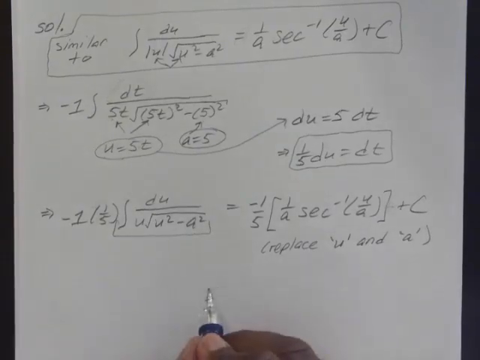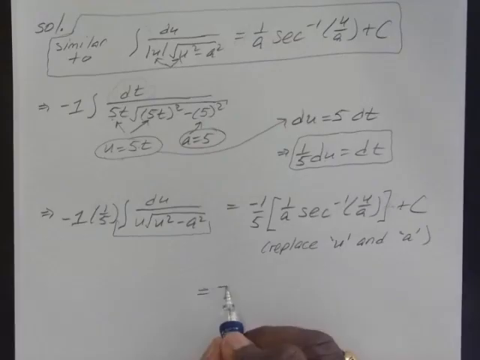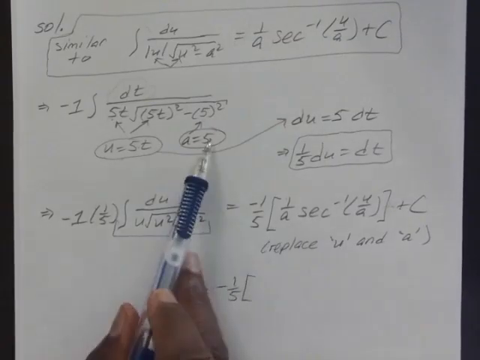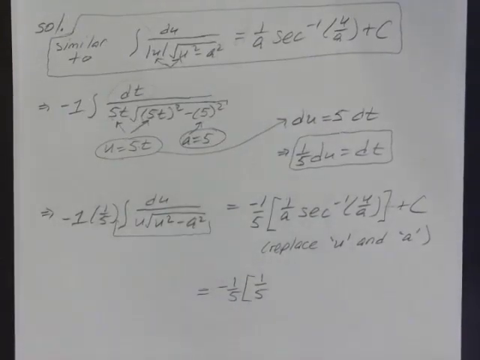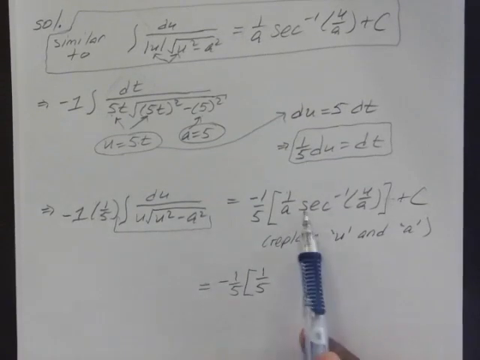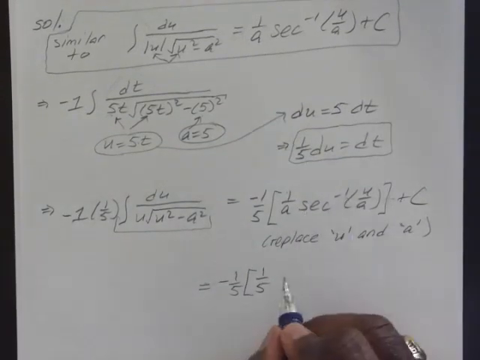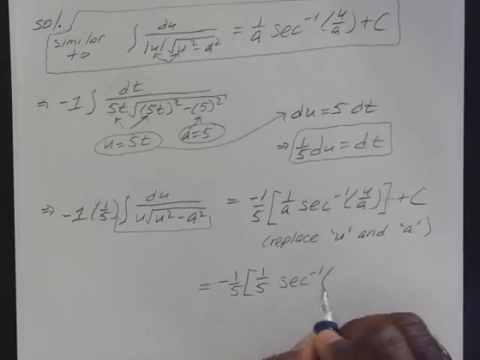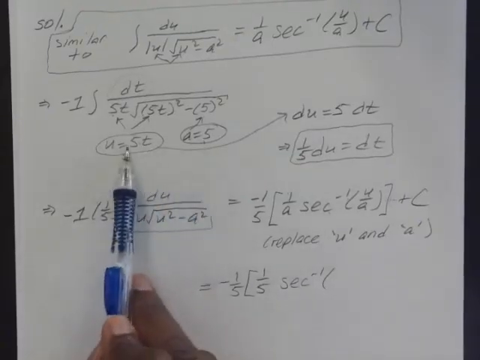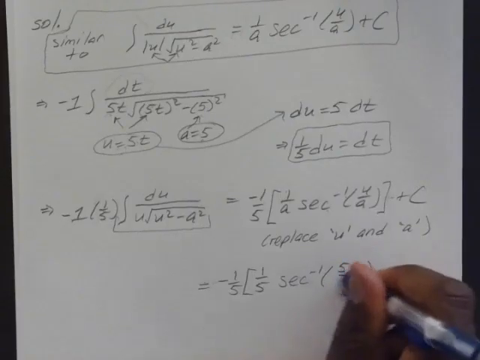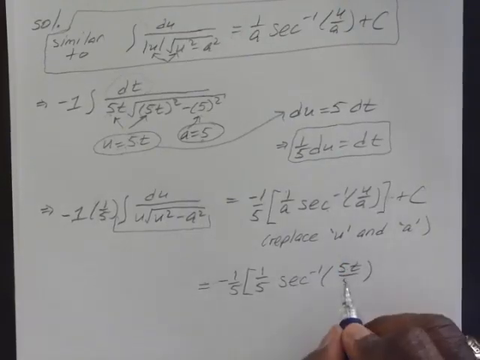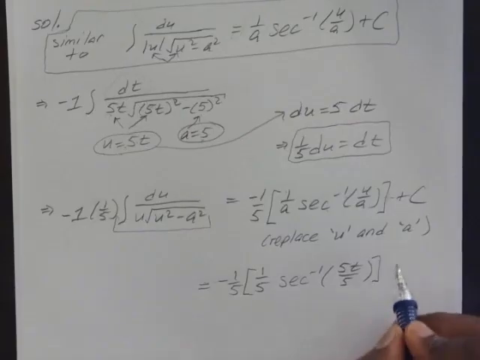Which gives us, let me move it over to make sure we have enough room. So we have -1/5 times 1/a, so that's times 1/5, times secant inverse of u/a, so that's secant inverse of 5t/5. Plus c.